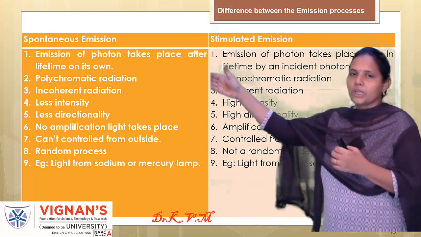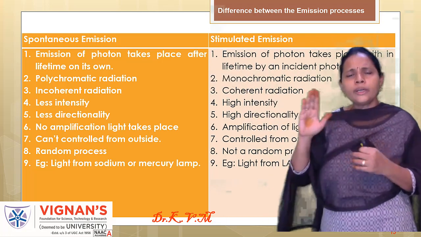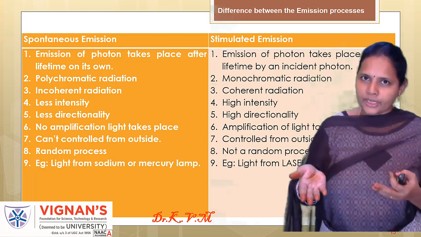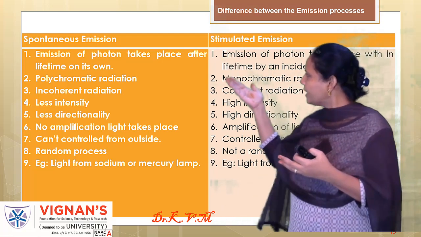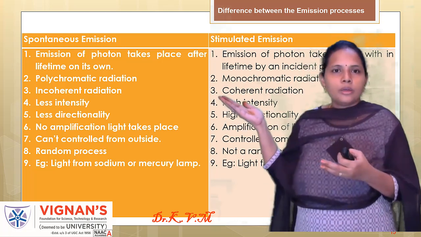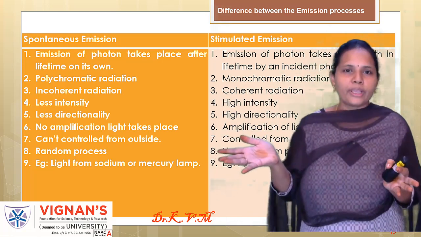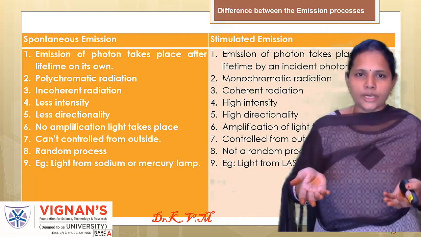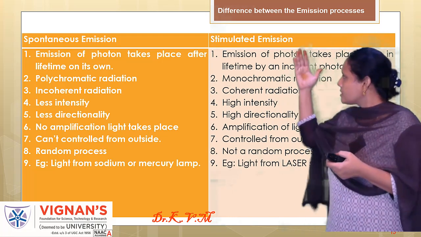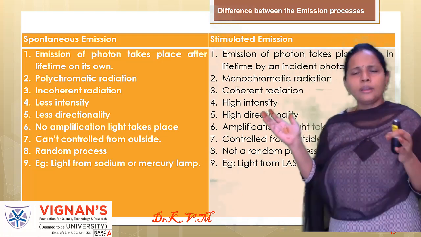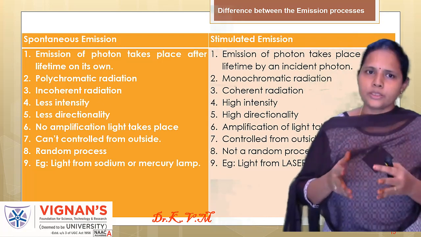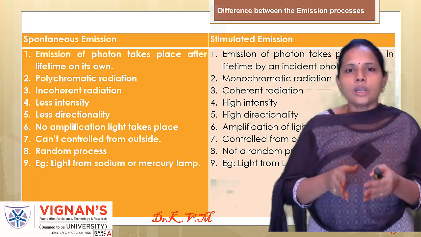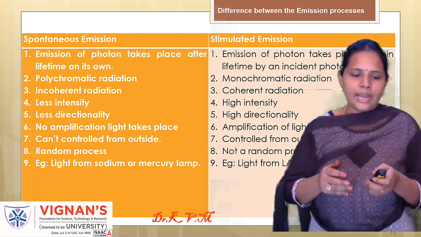Whereas in spontaneous emission, the emitted photons are not coherent, hence you cannot use this in the amplification process, and all the emitted photons are randomly moving. That means it's incoherent. We cannot control it from the outside. The example for stimulated emission is any light emitted from a laser source, whereas for spontaneous emission, the example is light from a sodium or mercury lamp.